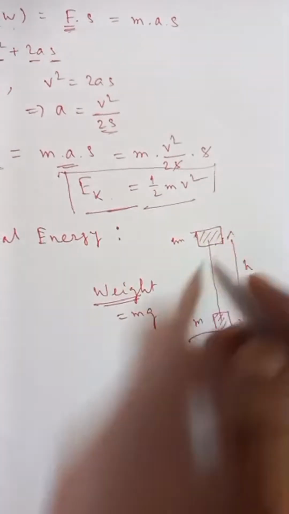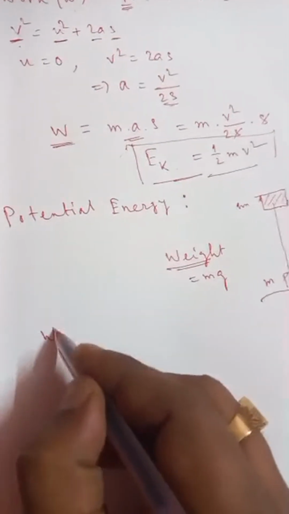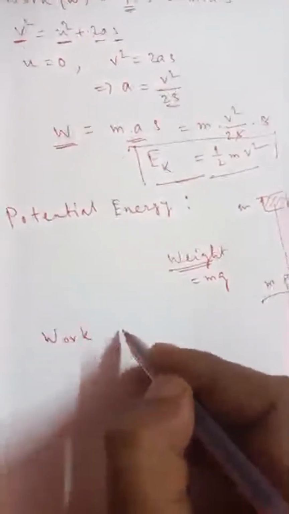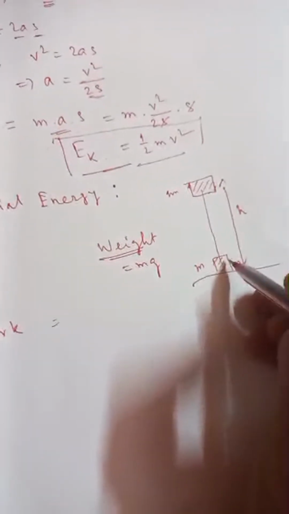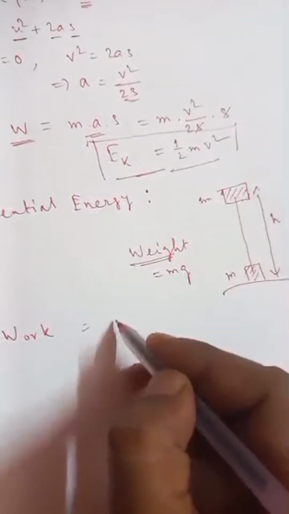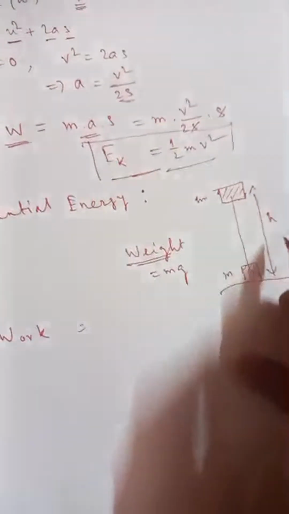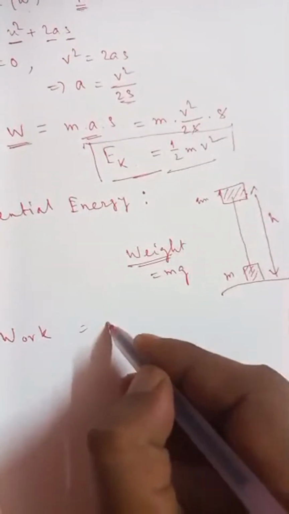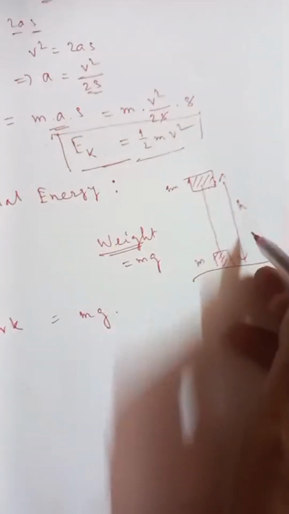So the work we have to perform to attain this object at this height is equal to force multiplied by displacement, where force is mg and height is h.